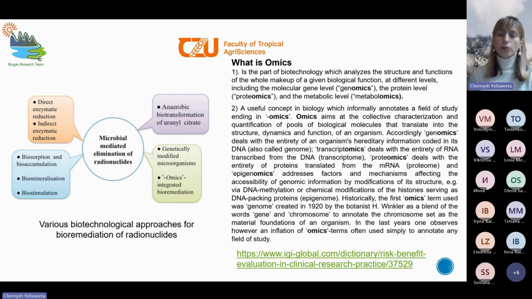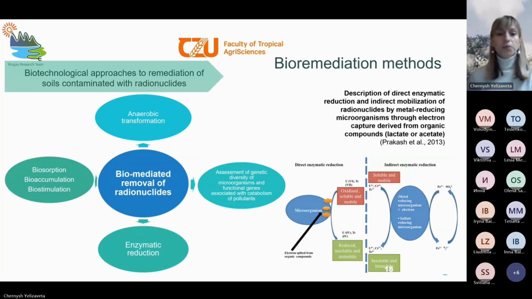About the biotechnological approach, we can find a lot of such research in databases like Scopus and Web of Science. This approach involves different biological processes that can give us fixation of radionuclides, for example by absorption, accumulation, mineralization, and stimulation, used for fixing radionuclides and for conversion of these harmful components.